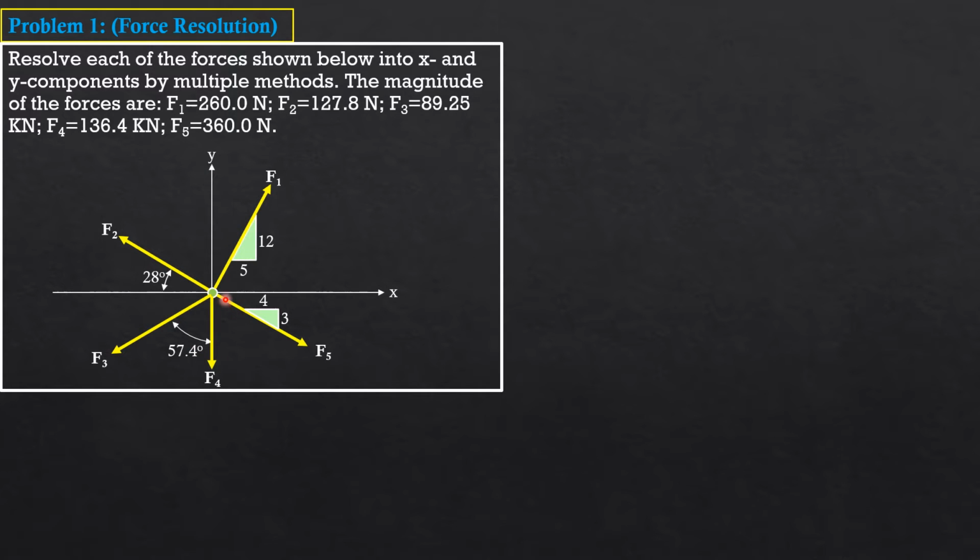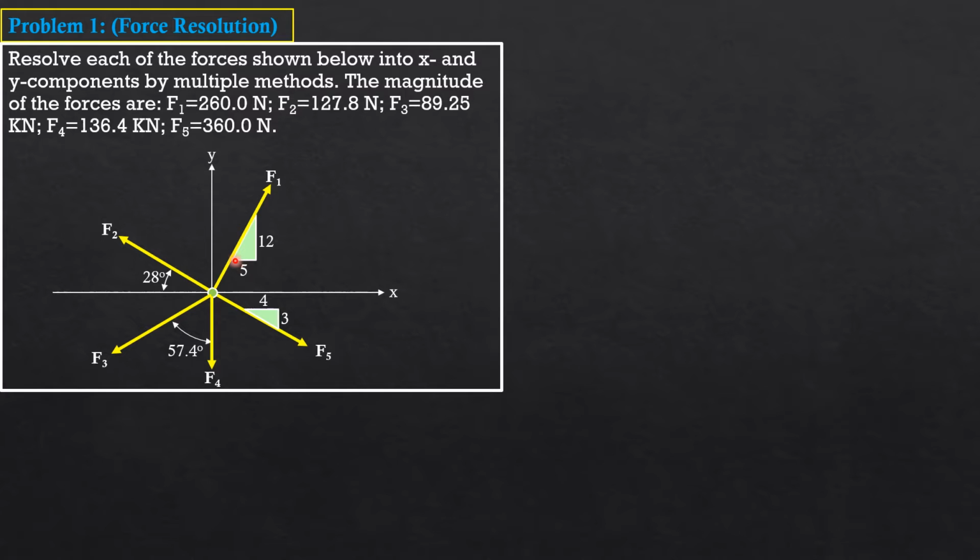So force F1 lies on the first quadrant, therefore it is directed up to the right, therefore its components are expected to be positive, positive x and positive y components. And it's just a matter of solving a right triangle.